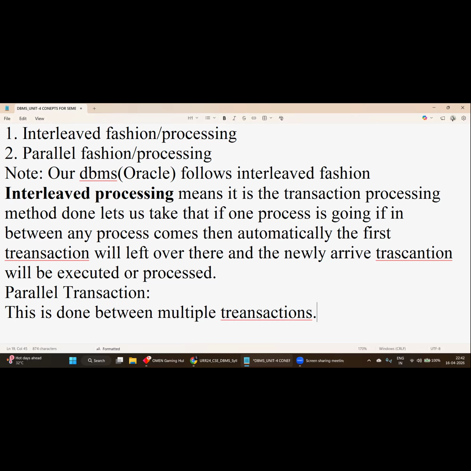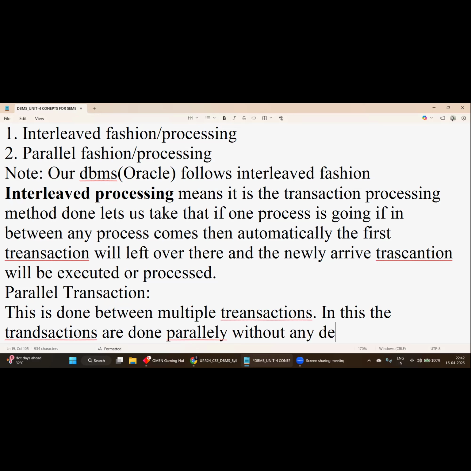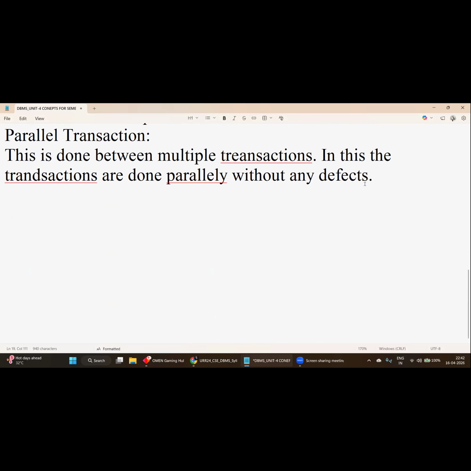We don't focus much on this because in parallel, as we know, the transactions are done parallelly without any defects.